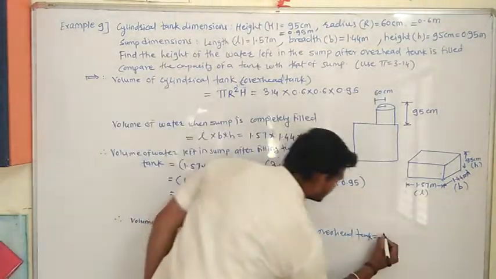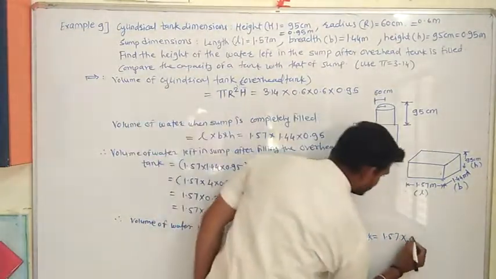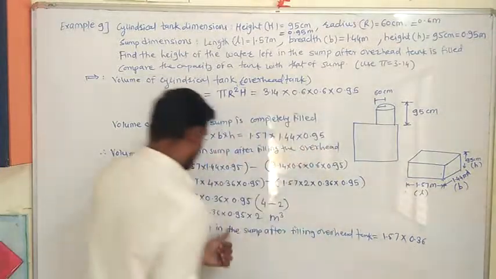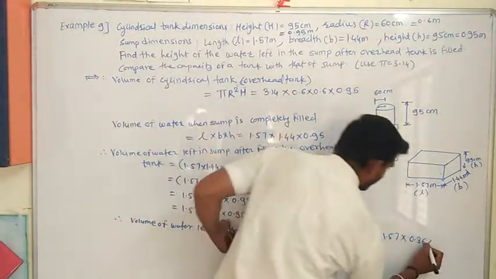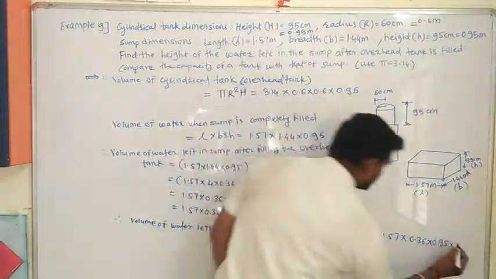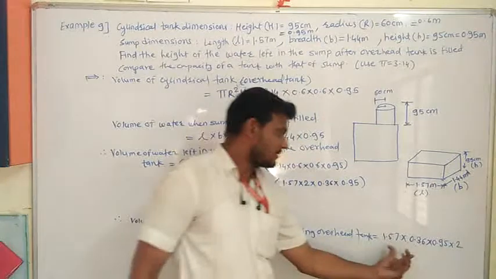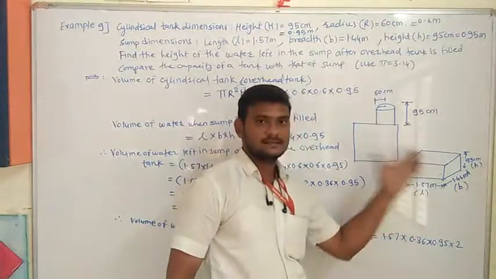See here, 1.57 into 0.36 into 0.36 into 0.95 into 0.95 into 2. This much amount of volume of water is left in the sump.